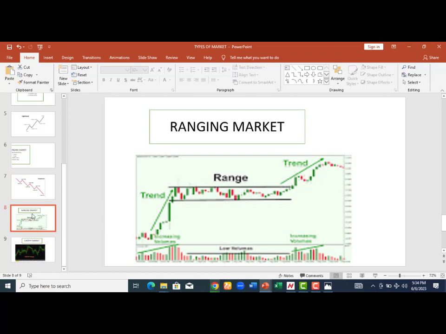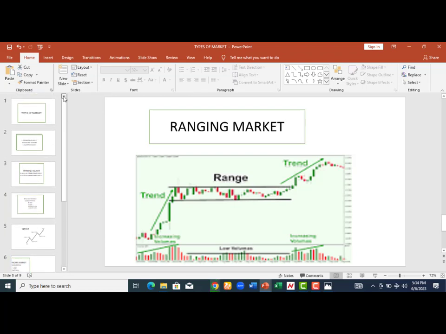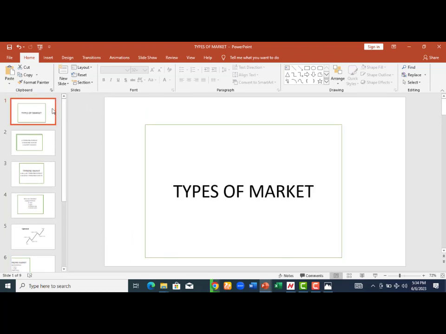So as a way to recap, to go through what we did today, we started with types of market. For you to know, when you look at the chart, you see the chart either moving up or coming down, why it moves that way. We shared three types.